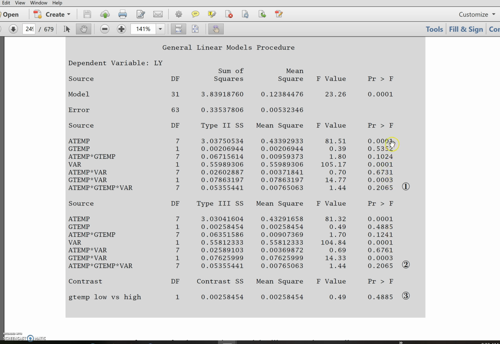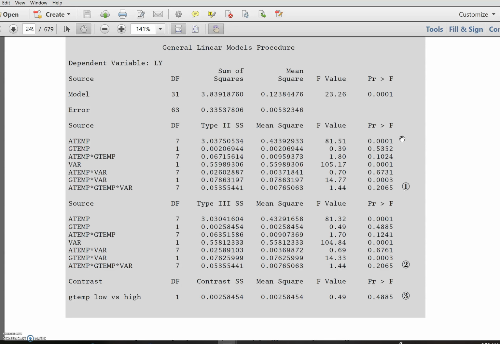Now, considering that we have some disagreement between the type 2 and type 3 sums of squares, it could be a little difficult to formulate the rest of the model, but it's pretty clear that we're going to need that G-temp and variety interaction, and along with at least that main effect for A-temp. Now, how far we want to go with the interactions is a little open for interpretation here.